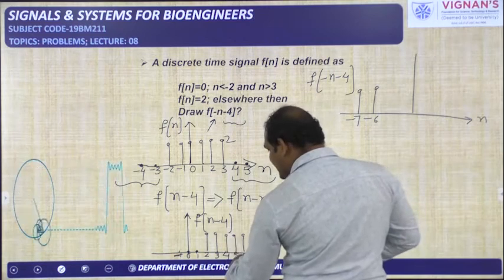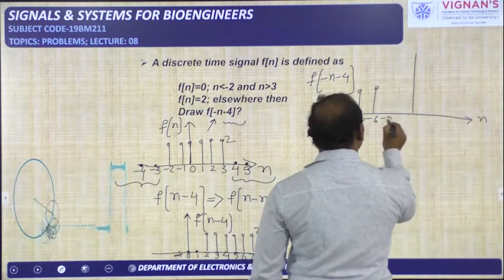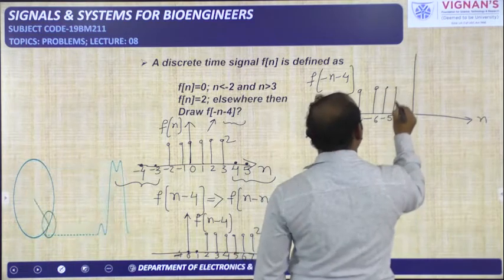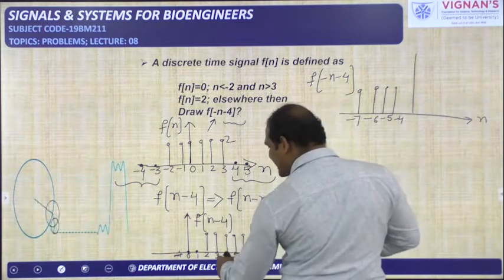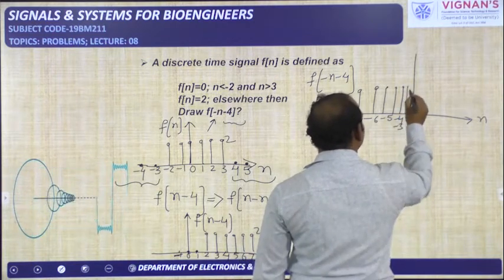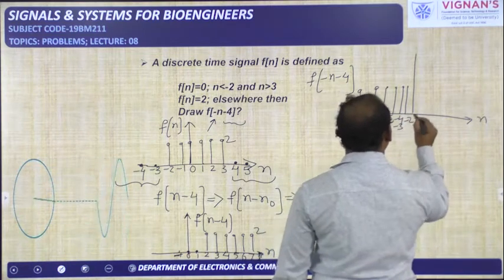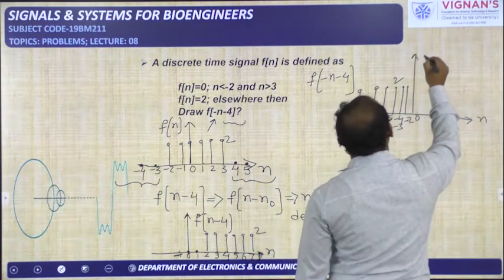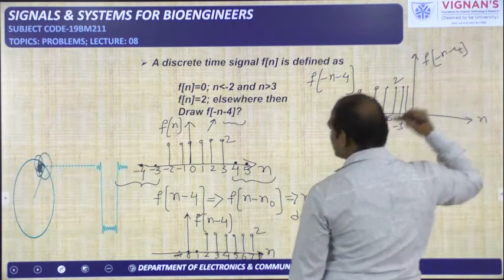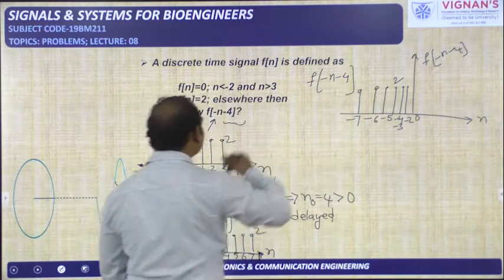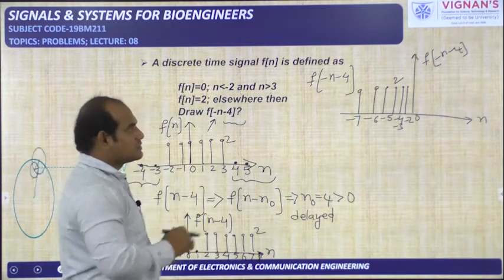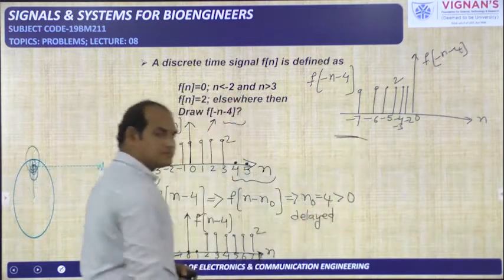The sample at n equal to 5 will be at minus 5, the sample at 4 will be at minus 4, the sample at 3 will be at minus 3, and the other sample will be at minus 2, with amplitude 2 only. So the resultant signal will be like this, f[-n-4]. This is what was asked, that is, draw f[-n-4]. We got that one. So this is the answer. Over.